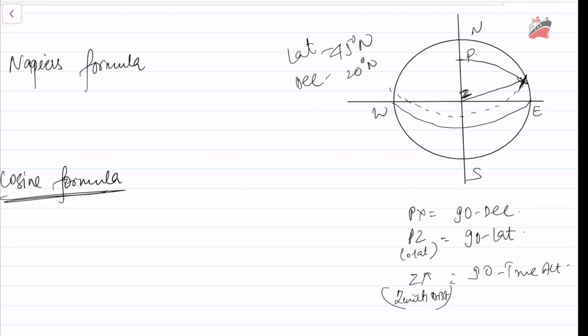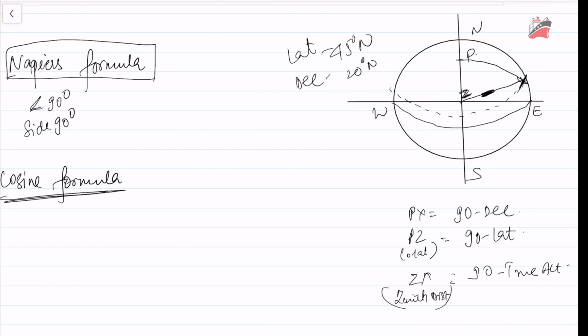Now in this diagram, since the body is just on the horizon, your ZX will be 90. For Napier's formula, you have two conditions: either one angle should be 90 degrees or one side should be 90 degrees. Only then will we be able to use Napier's formula. Now what we have is side ZX is 90 degrees.